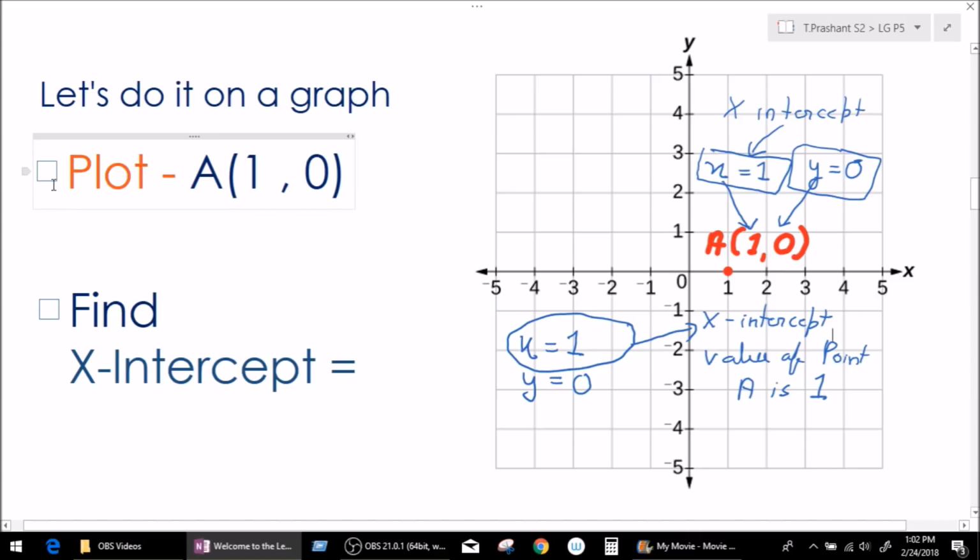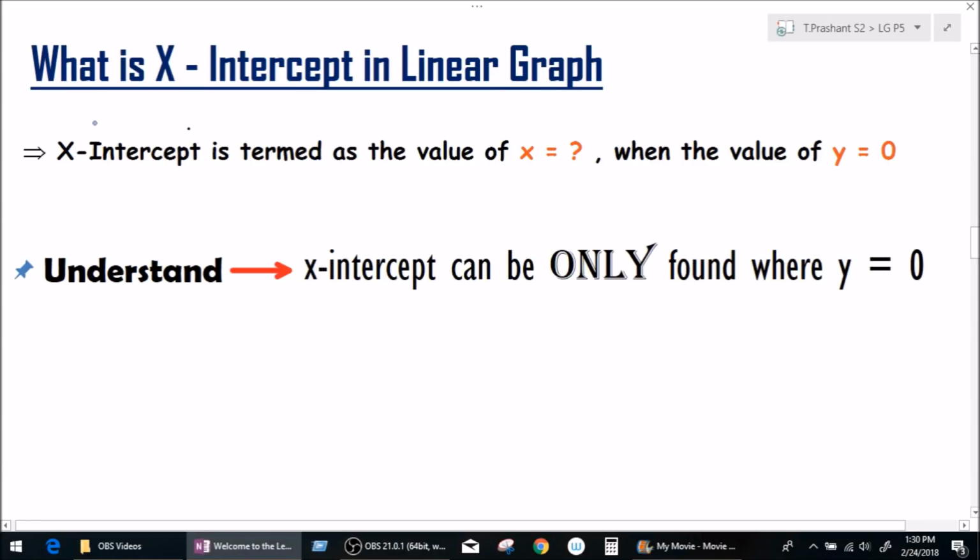So we are done with the plotting of the coordinate, and we are also done with finding the value for x-intercept. So let's recap the definition of x-intercept really quick. X-intercept is termed as a value of x when the value of y equals 0. So let me write coordinate A, and let's take x as 1 and y as 2. Now in this coordinate, x equals 1 and x is not the x-intercept.